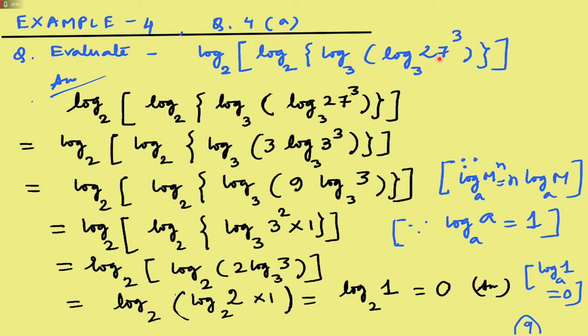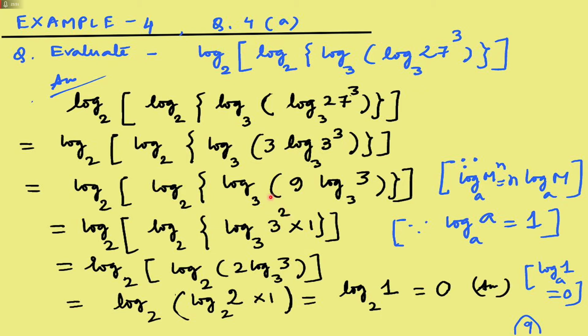That means you have to express this value using this base 3. Now what is 27? 27 is nothing but 3 cube. Now I am sending this 3 in front of log by this formula and writing 27 as 3 cube. Now this 3 will also be going here, and this will be 9. So we have log 3 base 3, and this is 1. Now this 9 can also be expressed as 3 square.